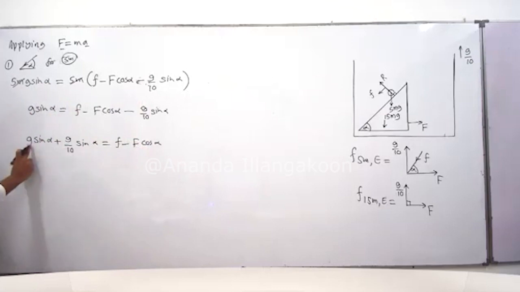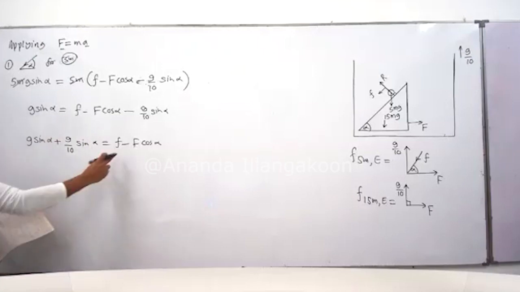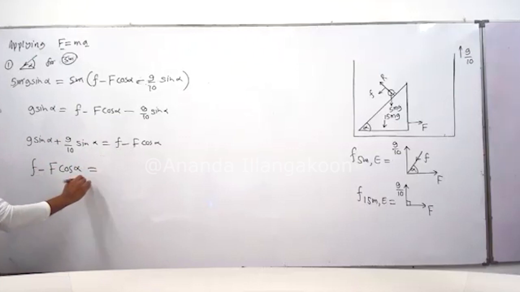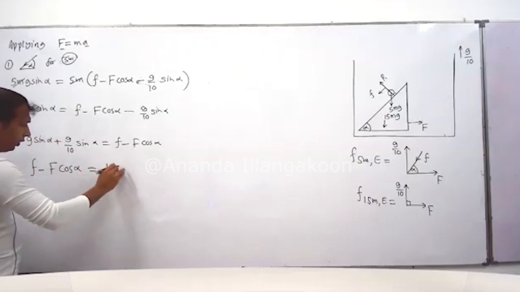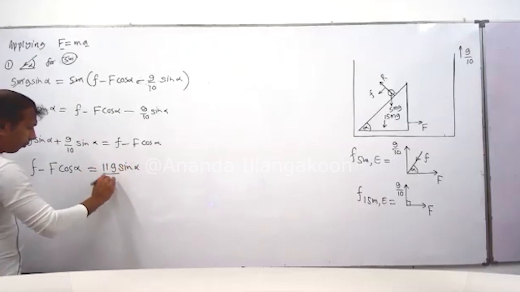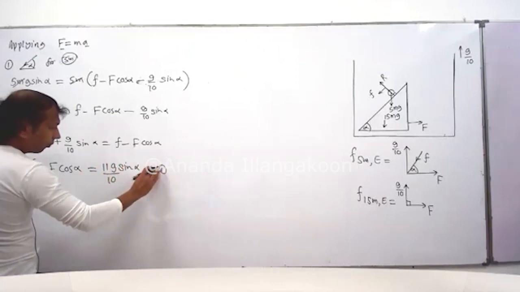Taking the common denominator, 10g sin alpha plus g sin alpha means 11g sin alpha by 10. Then we get the first equation: simple F minus capital F cos alpha is equal to 11g sin alpha over 10. This is equation number 1.